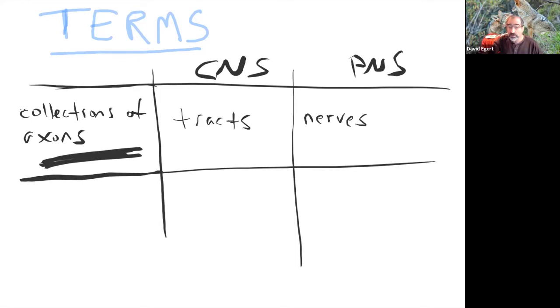That's what that word means in the context of the PNS. When we talk about the sciatic nerve going down the back of your leg, it's just a big fat cable of myelinated axons, sending messages down to the muscles on the back of your leg and sending sensory information back up into your CNS. So that's that.